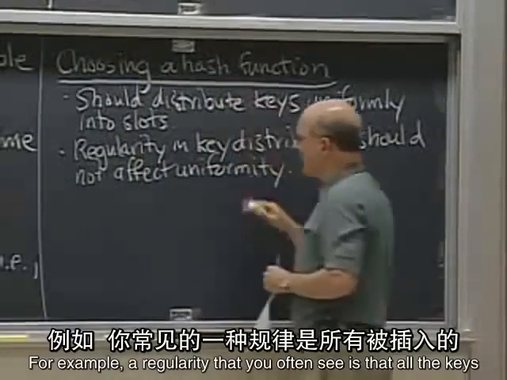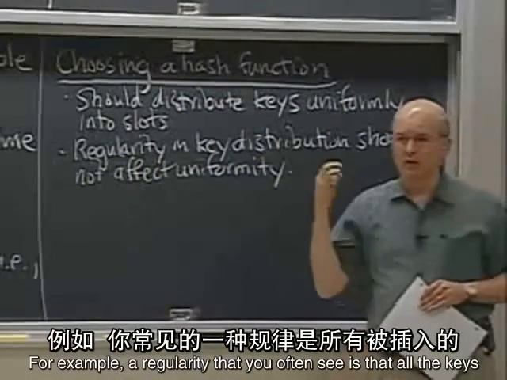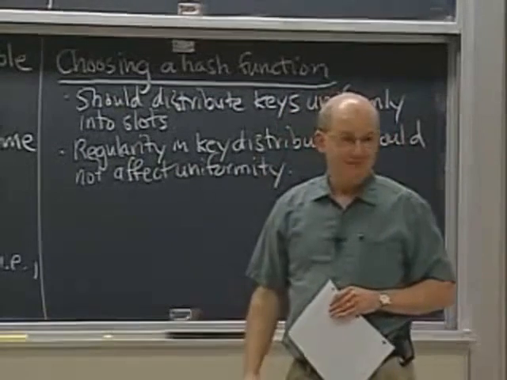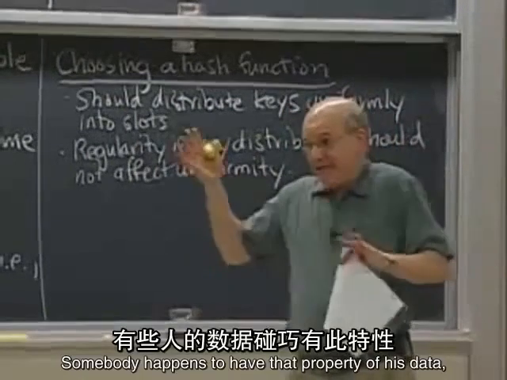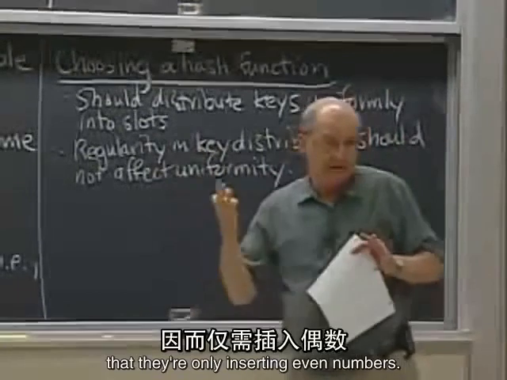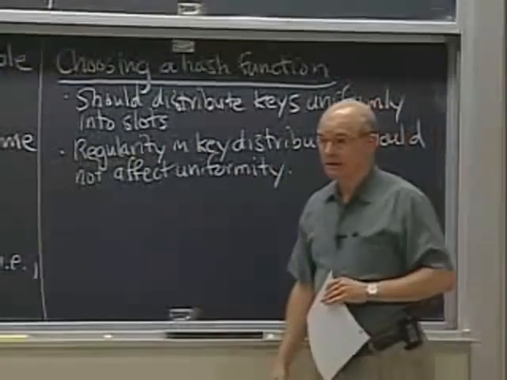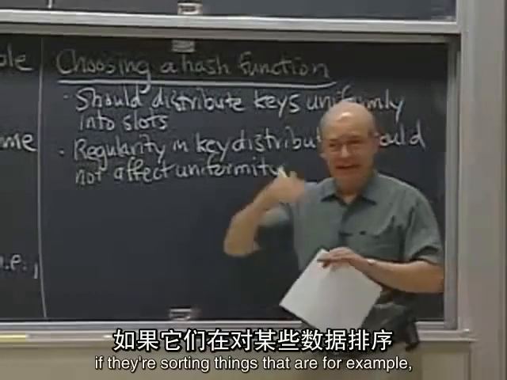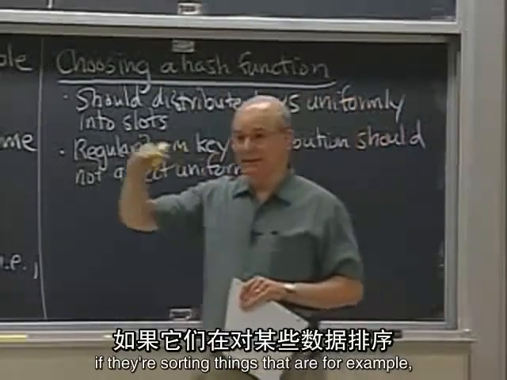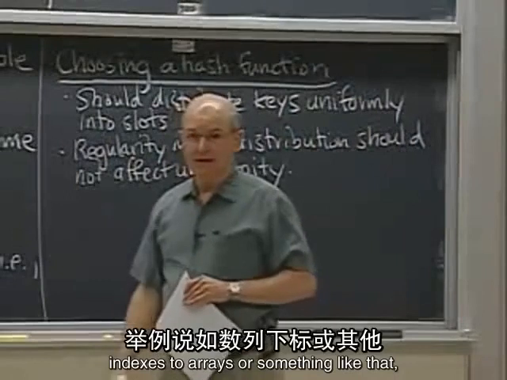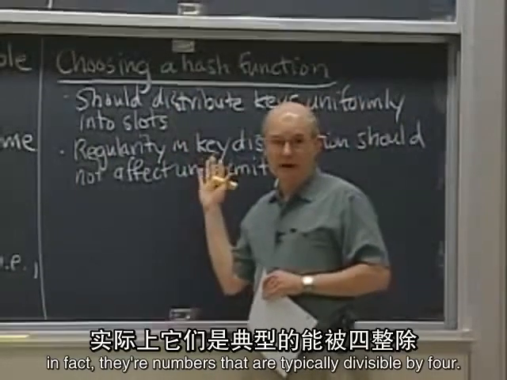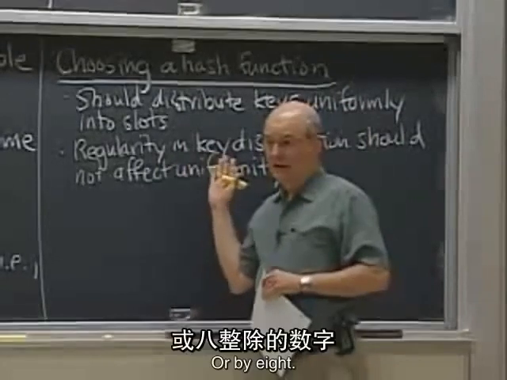For example, a regularity that you often see is that all the keys being inserted are even numbers. Somebody happens to have that property of their data, that they're only inserting even numbers. In fact, on many machines, since they use byte pointers, if they're sorting things that are, for example, indexes to arrays, they're numbers that are typically divisible by 4 or by 8.